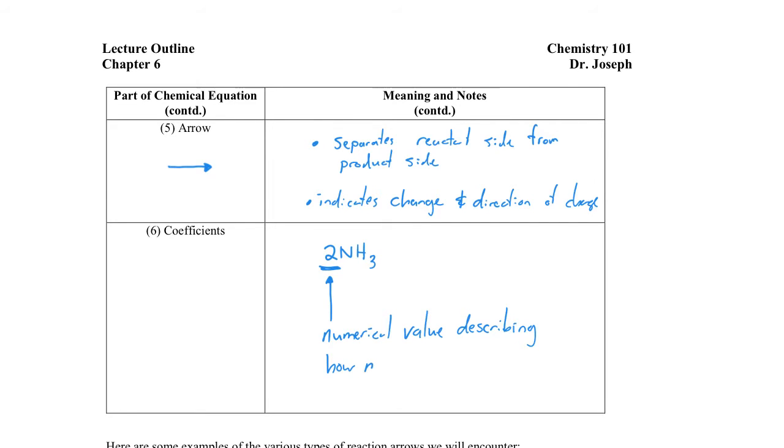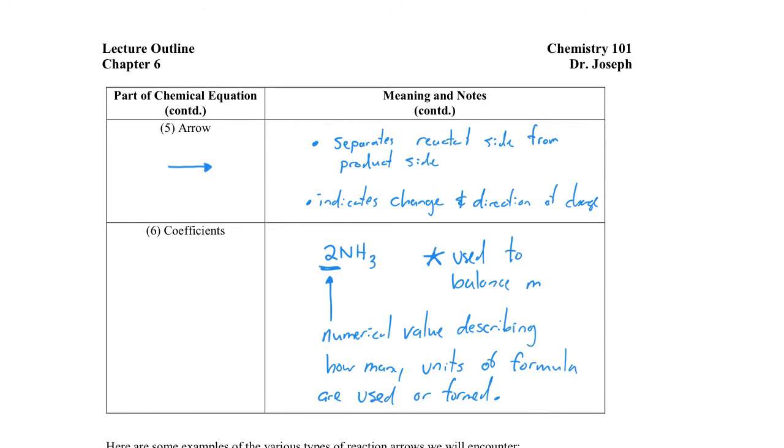What these numerical values mean is how many units of that particular species, that particular molecule or salt, in formula units, it's like a multiplier on the formula units that tells us how many are either used if it's a reactant or how many are produced if it is a product for each time the chemical reaction runs, one cycle of it.